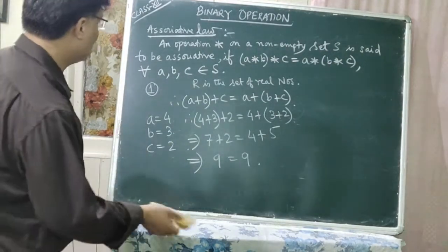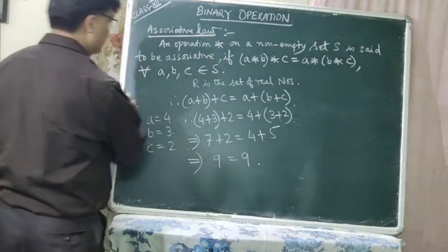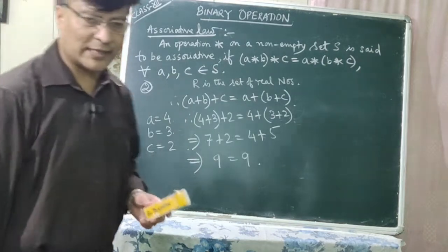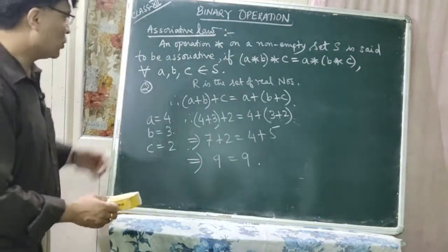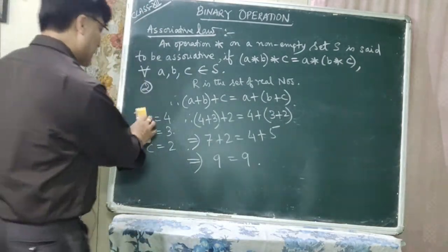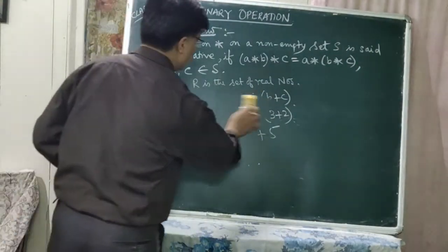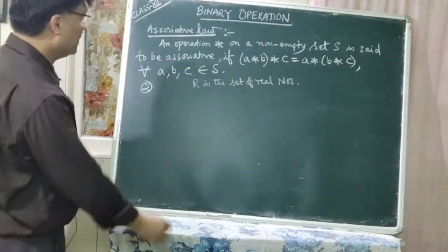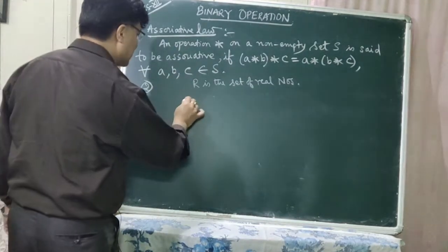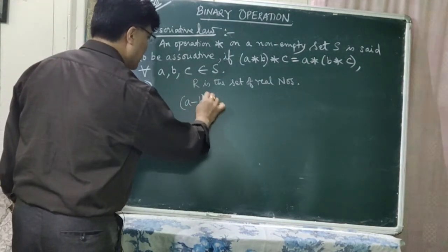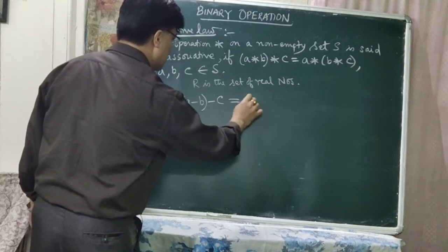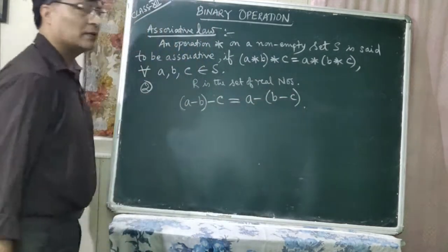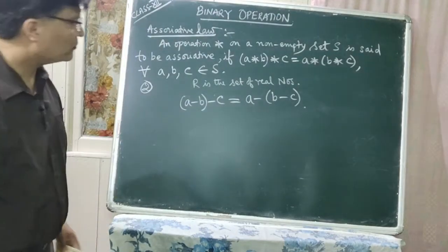Okay. Now let us take the second example. The second example is subtraction. Can you say that (A minus B) minus C is equal to A minus (B minus C)? Are they equal?